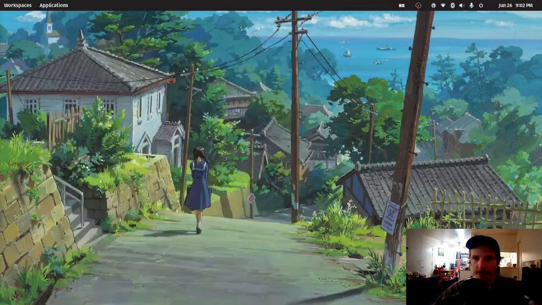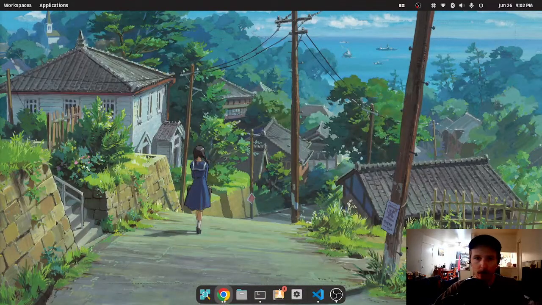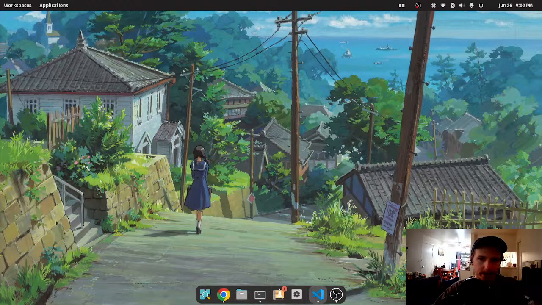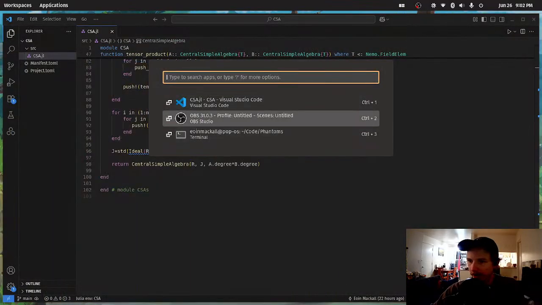My window manager's kind of acting up. Let's close out of that. Let's drag this over here. Let's make sure that this is still running. And now let's pause because I have to organize this again. Okay, we're gonna close this, and we're going to put that there.